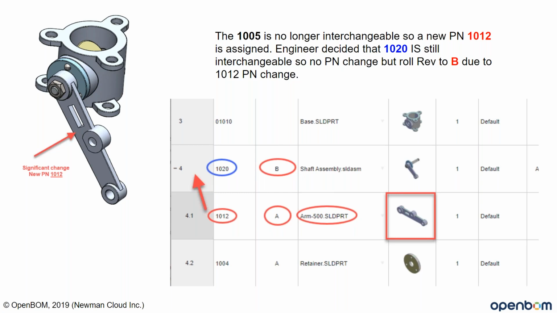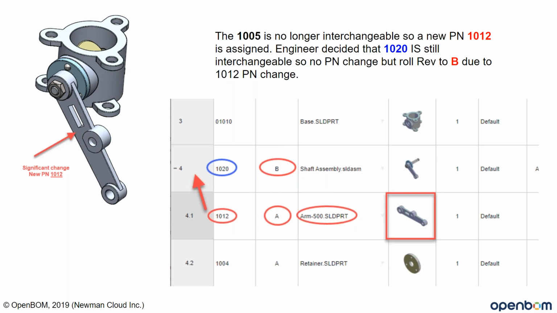The new number is 1012. It's going to be a revision A. I'm probably going to make a drawing of that new part. Again, I either manually or through some automation, I update my BOM. And then we ask ourselves, hey, how far up does this revision need to roll? How far up the battleship do I need to roll this change?